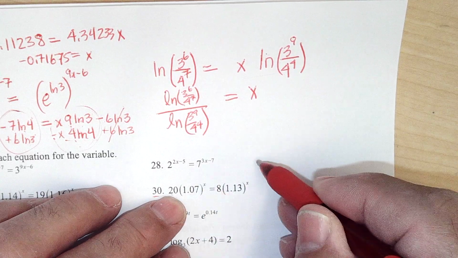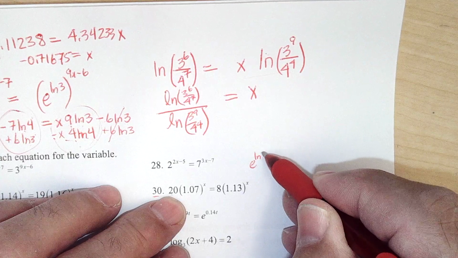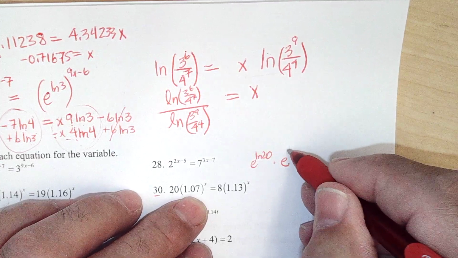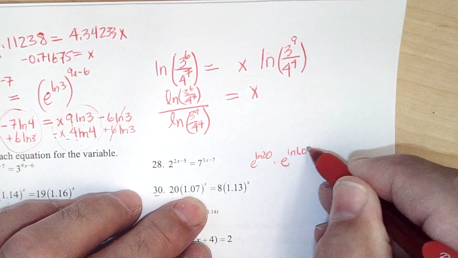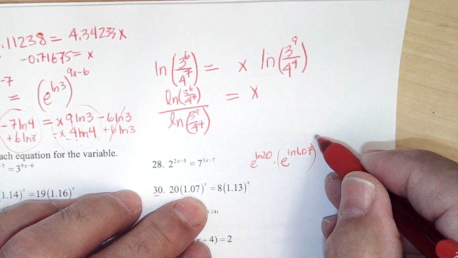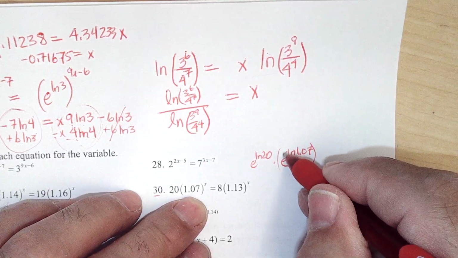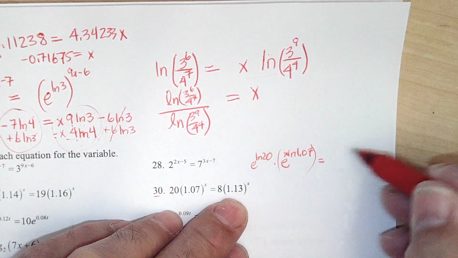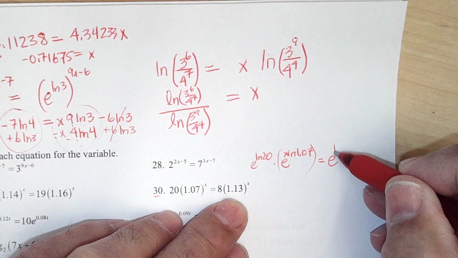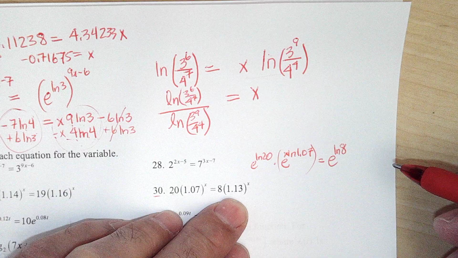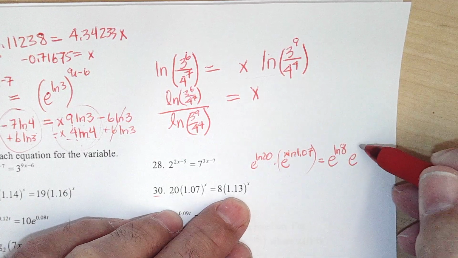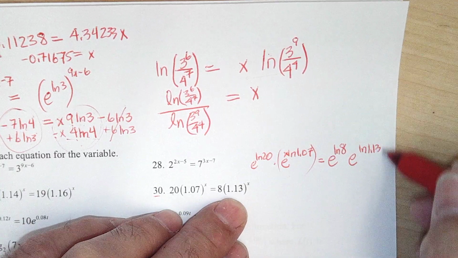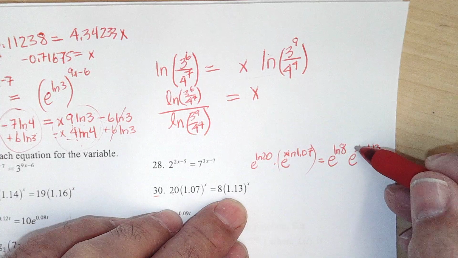So this 20 is e to the ln 20 times e to the ln 1.07, and that's to the x, but the power will come down times. And on the other side, we have e to the ln 8, e to the ln 1.13 to the x, but the x comes down and multiplies.